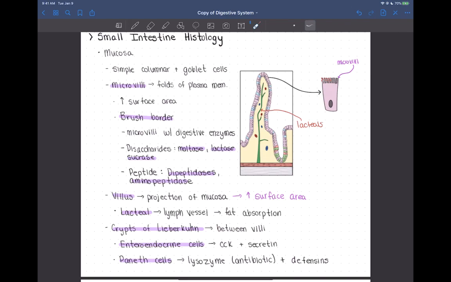Okay, so in addition to these villi, between the villi, the mucosa kind of dips down like this, and actually, especially when you're looking at a slide in lab, right, one way to identify these are called crypts of Lieberkühn, right? I'm just going to label it here, call it a crypt, so I don't have to take the time writing out Lieberkühn. All right, so this is a crypt.